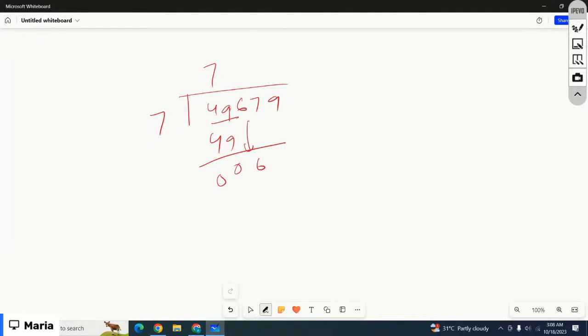You cannot divide, so in the same step we are going to bring another digit down, and you need to put 0 over here.